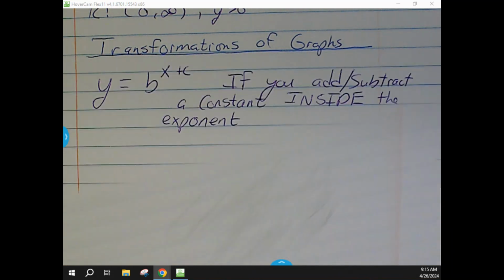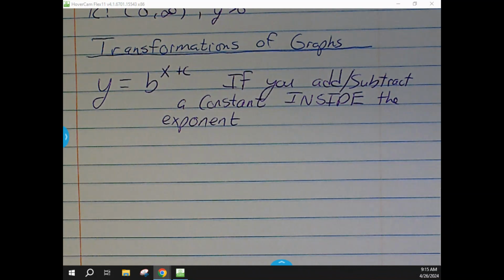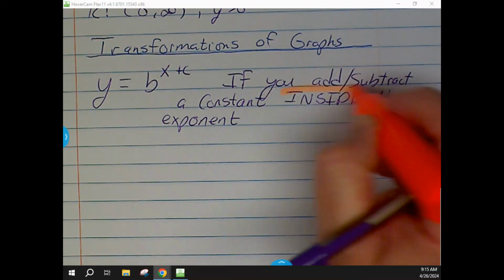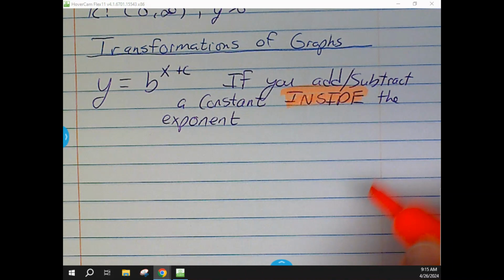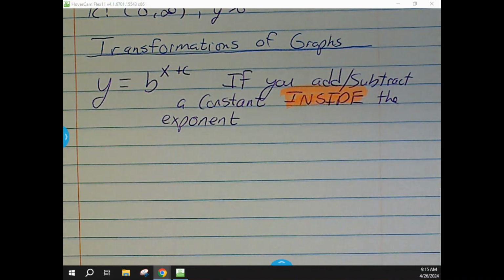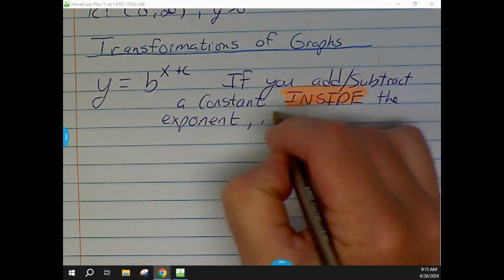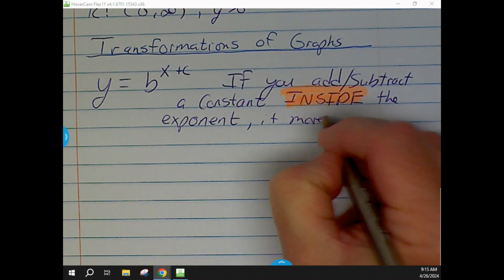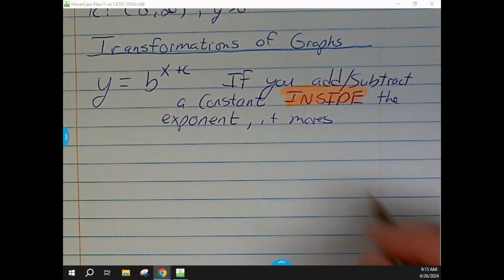So if it's in the exponent, it's still the same thing. If you add or subtract a constant inside the exponent, it moves or transforms or shifts the graph. Everybody want to say that?